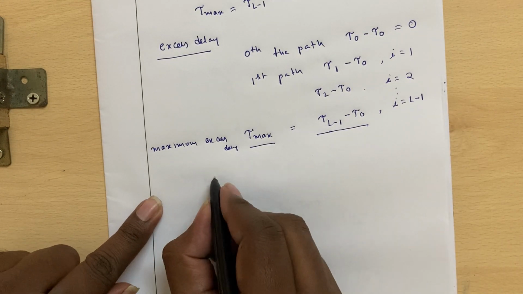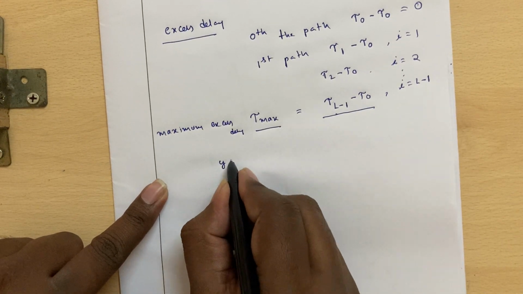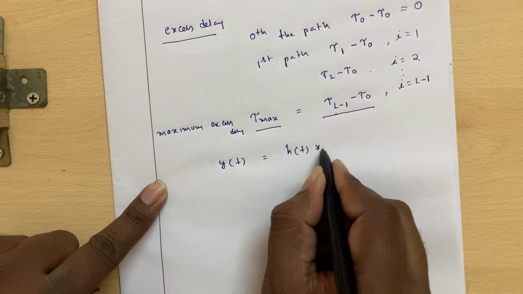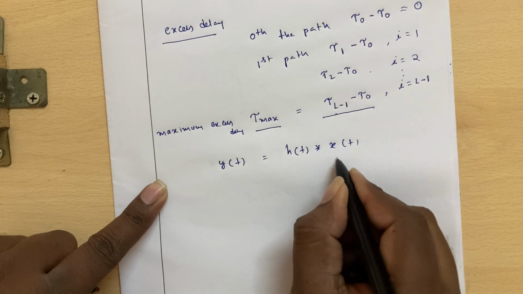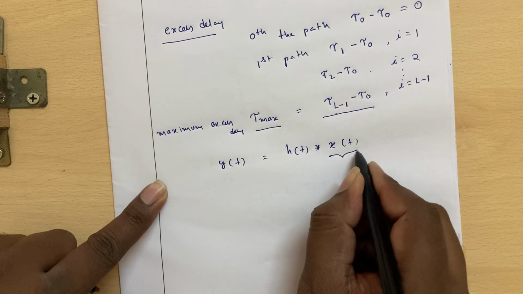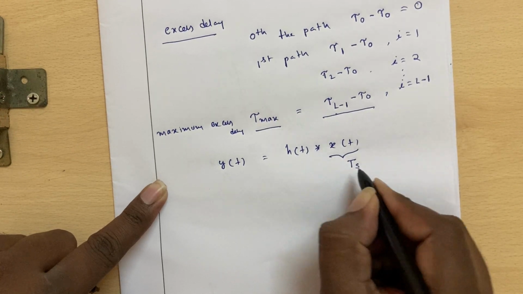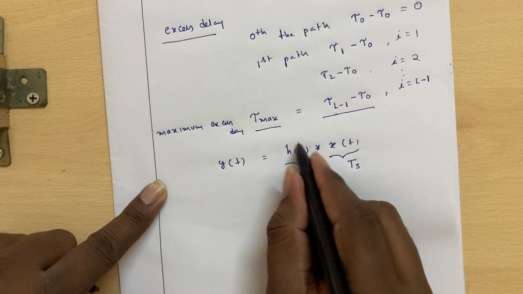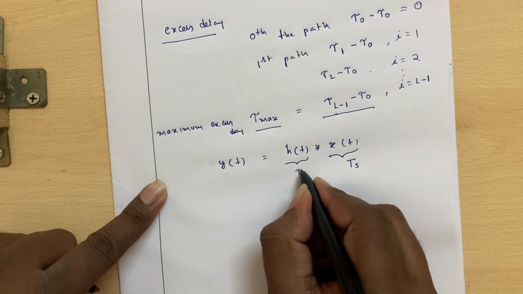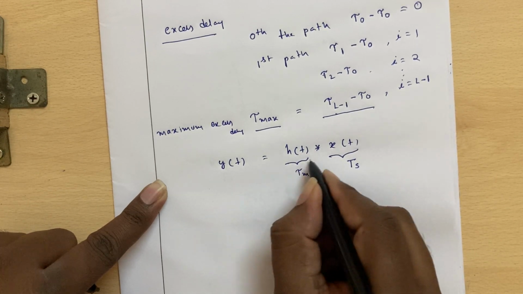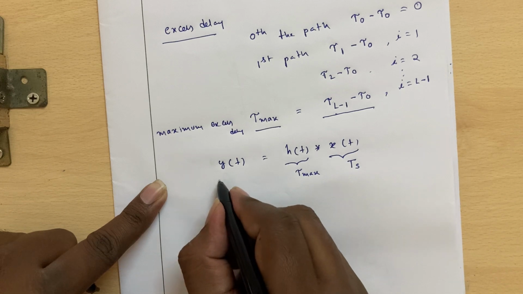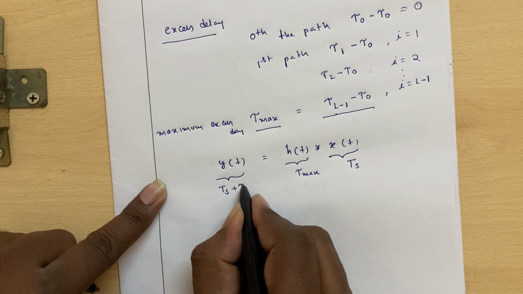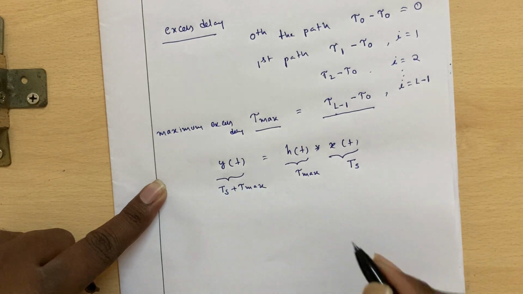Now if you see, y(t) is h(t) convolved with x(t). For one symbol, the duration of x(t) is Ts, and the total duration of h(t) is tau max, the total span of h(t). Then the duration of y(t) will become Ts plus tau max.